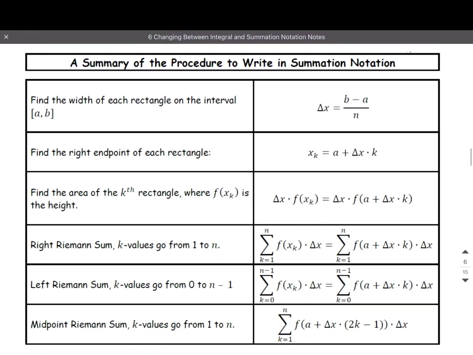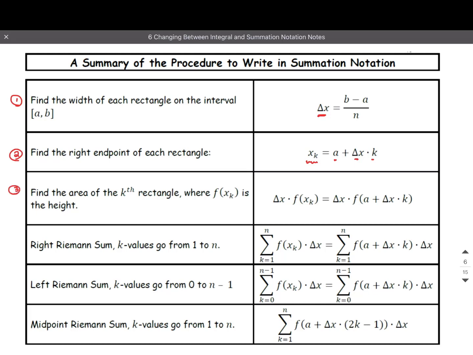So let's stop for a minute and just recap the procedure to write in summation form. First thing you're going to do is find the width of each rectangle in the interval from a to b. That means find delta x, b minus a over n. The next thing is we're going to find the right endpoint of each rectangle. We're finding the x value that we're plugging in. We're finding the first term plus delta x times k.